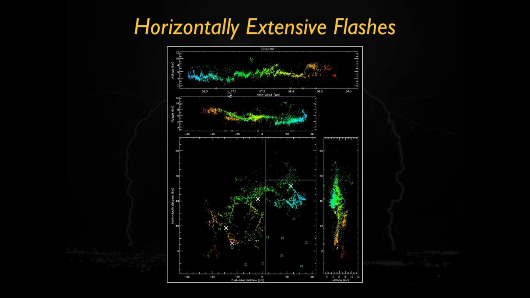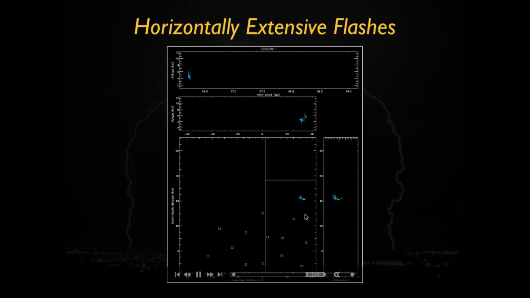My interpretation of this, and we'll play the animation, is that we have initial breakdown taking place in this area, and essentially it's a cloud flash to start with, negative leaders down, positive up, and then I think we get new positive leader development on the decayed negative leaders that form the first positive CG return stroke.